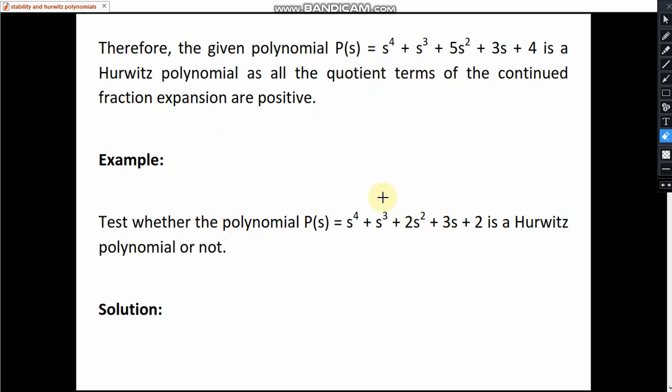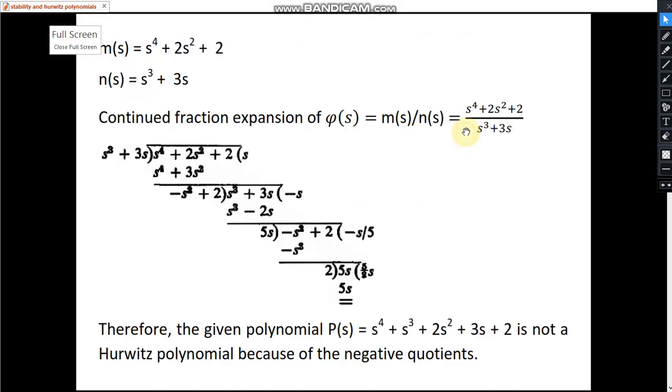This is another example. In this example, let us see what happens. We repeat the same thing, but it results in negative quotients. Here minus s, here minus s by 5. Actually, whenever this minus sign comes here, it becomes clear that at a later stage, it will result in some negative quotients.